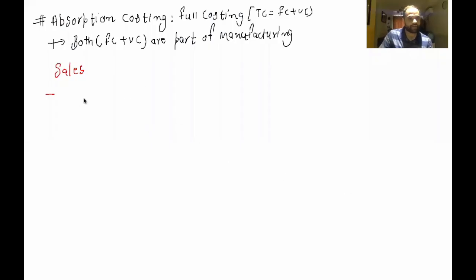Another name of manufacturing cost is cost of goods sold. All right. So sales minus cost of goods sold is what? Anybody knows? Sales minus cost of goods sold, or sales minus manufacturing cost, is gross profit.